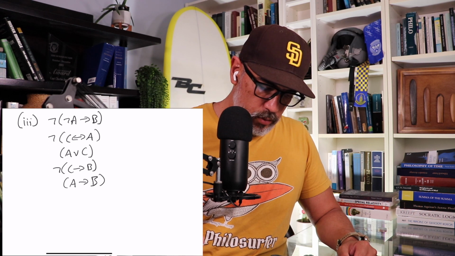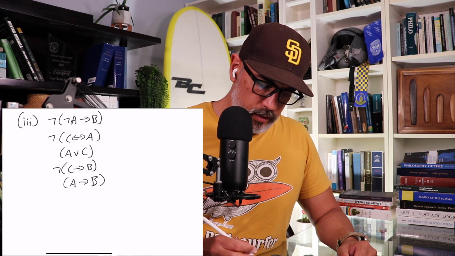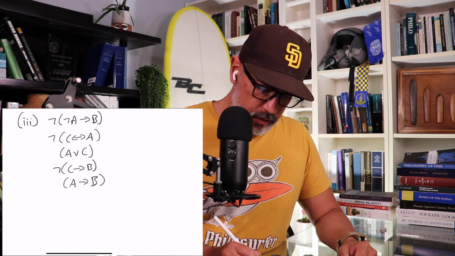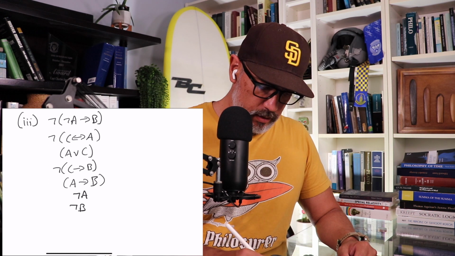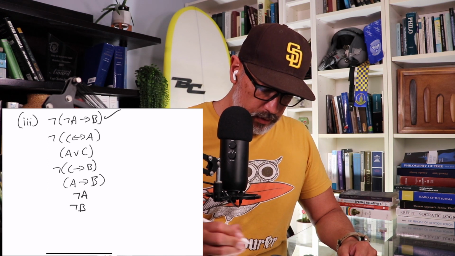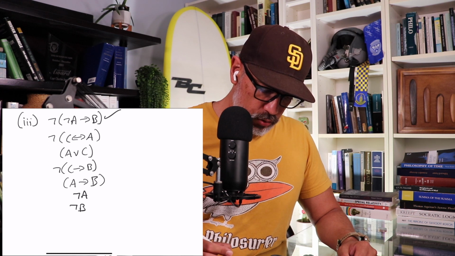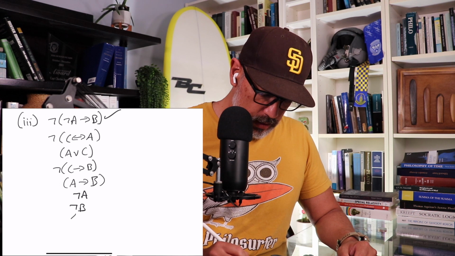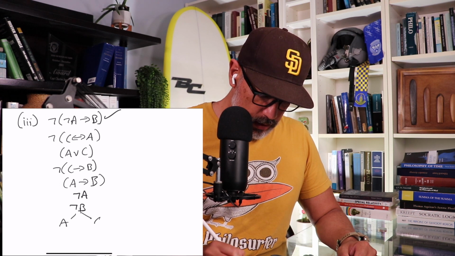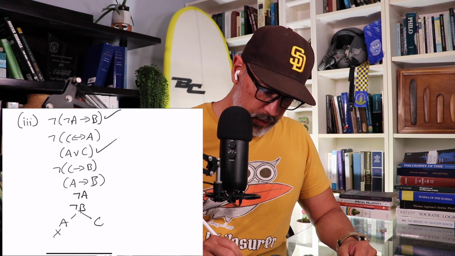So let's do first the top one, and that will give us a not A and a not B. Check. Okay, and then let's do the A or C. Check, and that's going to close out the left branch.